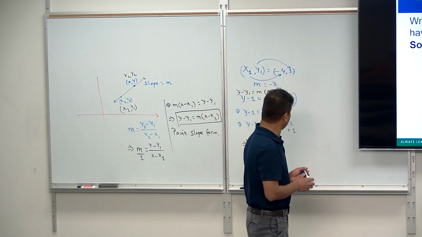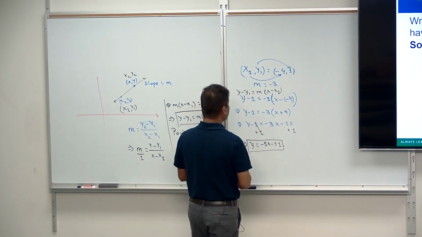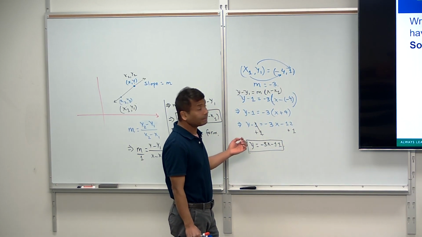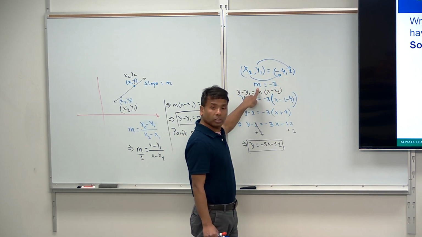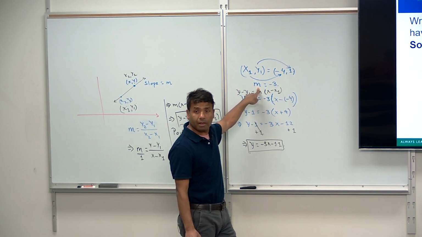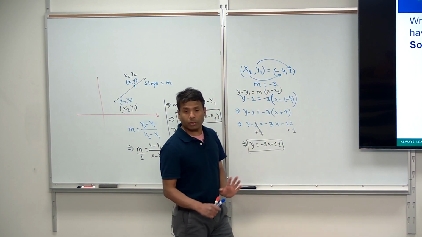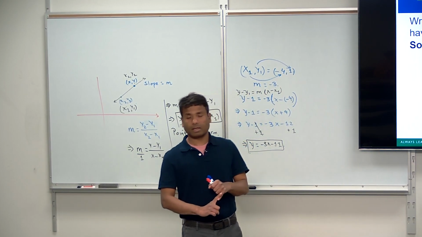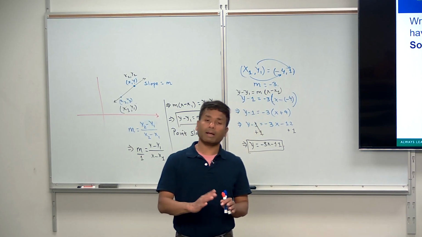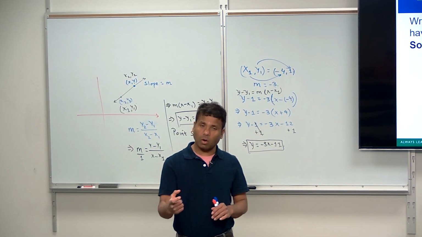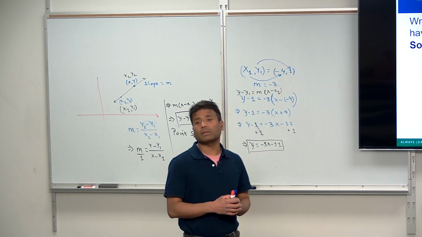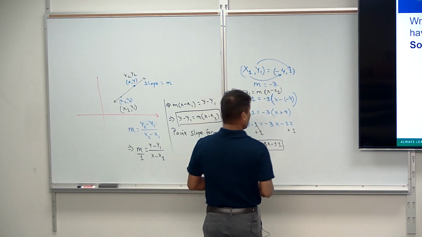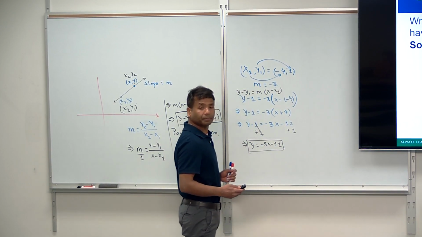So this is an equation of the line passing through this point, having slope m equal to negative 3. Did you get it? So what you need to know is, if you have a point through which a line passes, and the slope of the line, then you can find the equation of the line. Okay? Any questions so far?